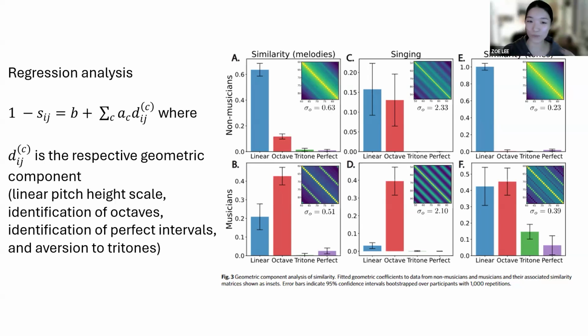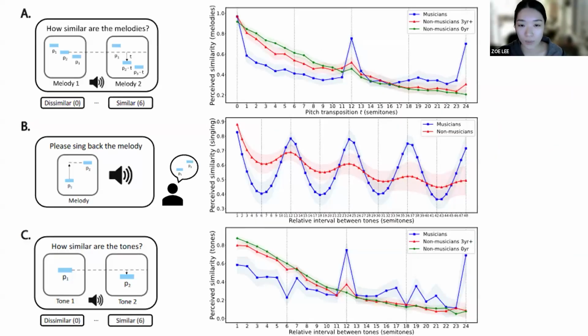I have a very superficial understanding of this, so I will make an attempt, but if anyone has a better understanding, please jump in. I think the similarity is being calculated between the two presented tones. There are two tones, and both of these are target tones, and then what the participant responds with are the reproduced tones, the responded tones.